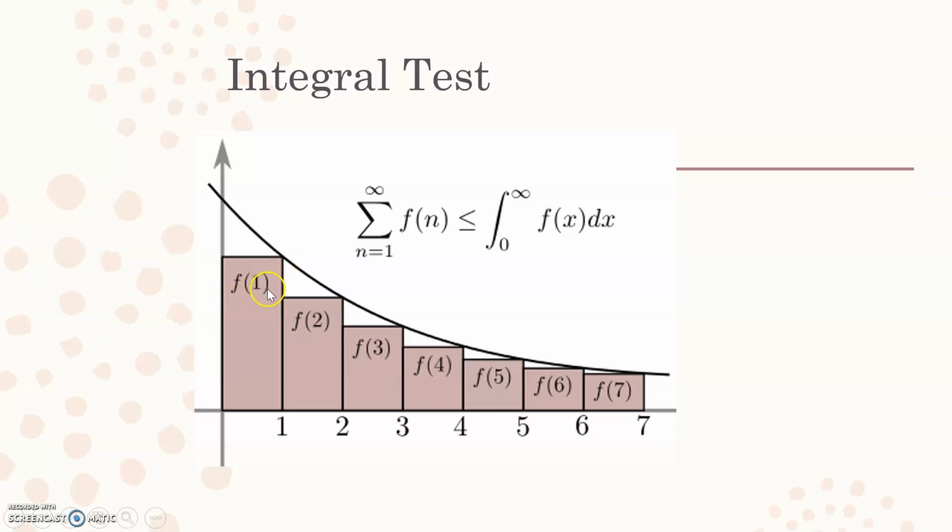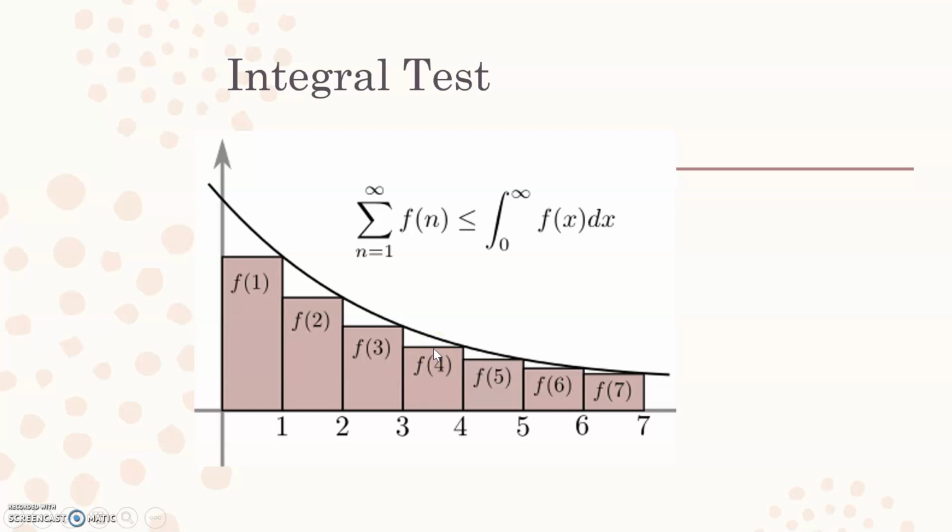And so f of 1 would be your first term, f of 2 would be your second term, f of 3 would be your third term, and if you want to add up all of your terms, that would be less than the integral from 0 to infinity of the function, because these little spaces would not be included in the sum.